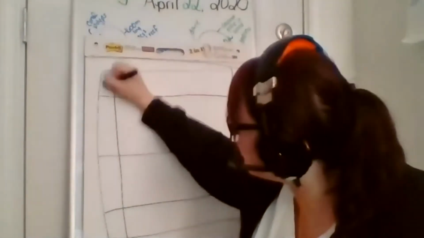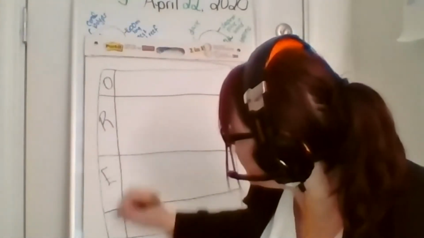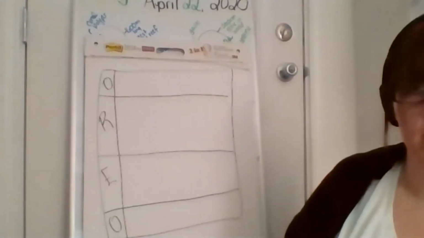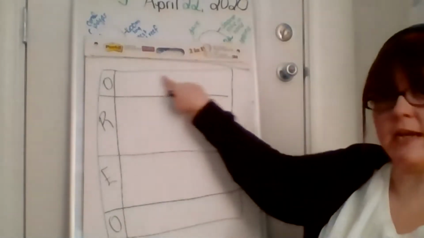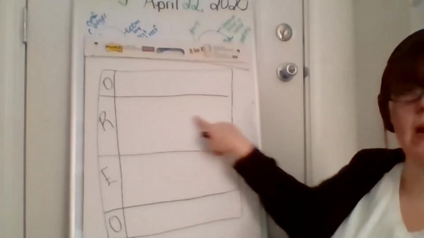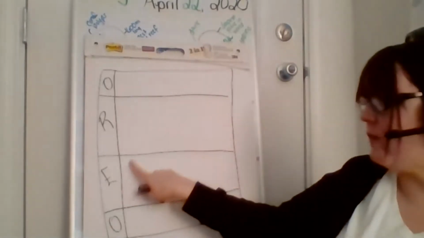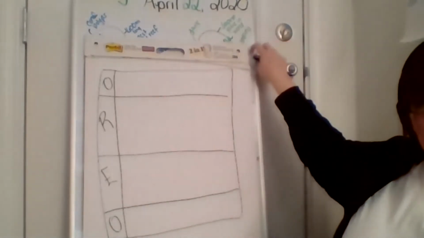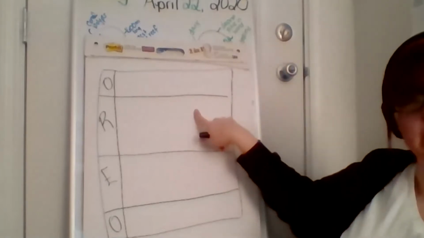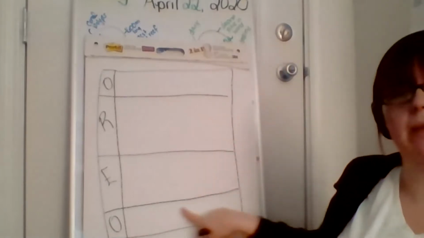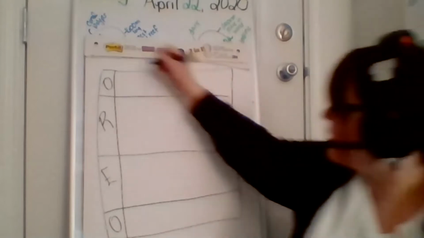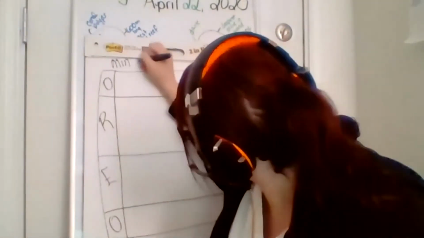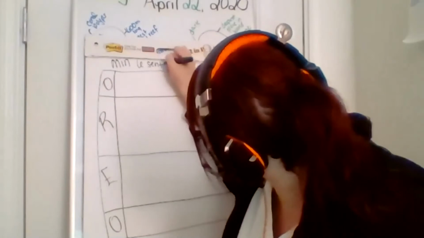And I'm going to write O-R-E-O. So I'm going to write my opinion, give you a reason why I think my opinion. I'm going to give you all the details from our bubbles that support my reason. And then I'm going to give my opinion again. Boys and girls, I want a minimum of 6 sentences.